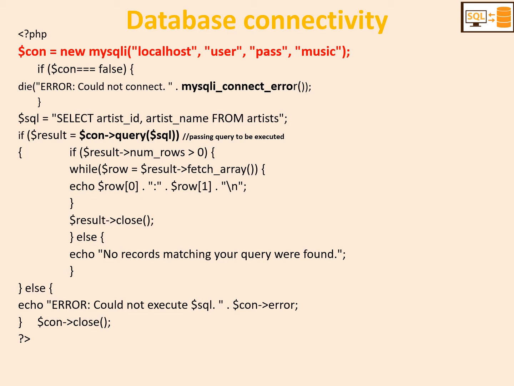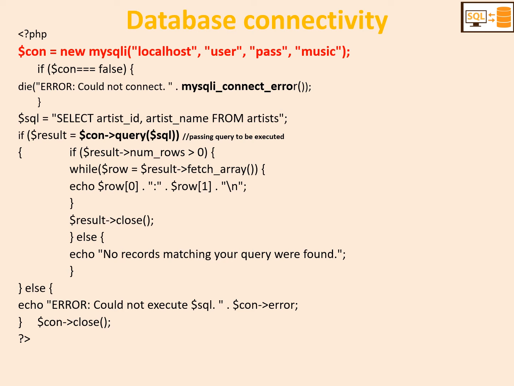This new MySQLi is a function used to establish a connection with the database. The MySQLi function should take 4 arguments. First is the server name where the connection should be established. Second is the user ID for the database, third is the password for the database, and fourth is the name of the database.